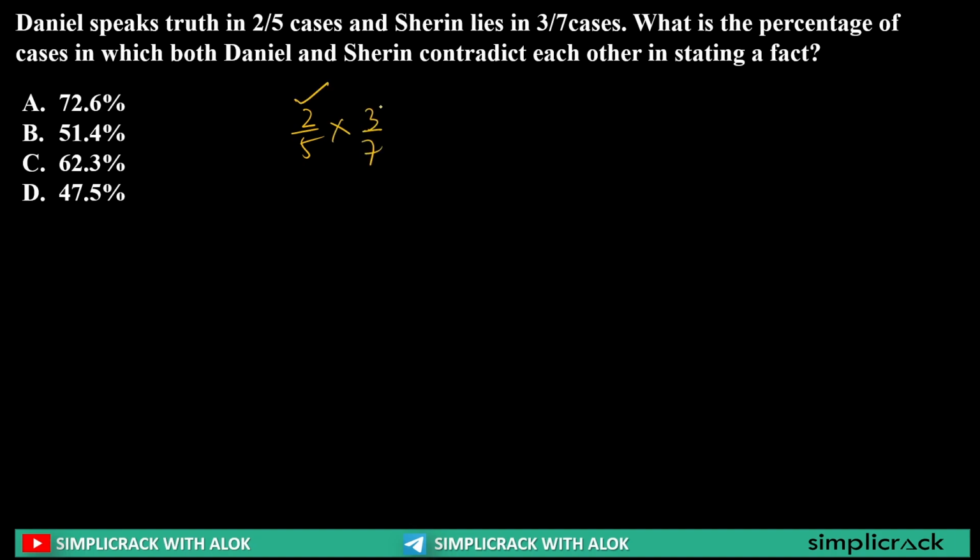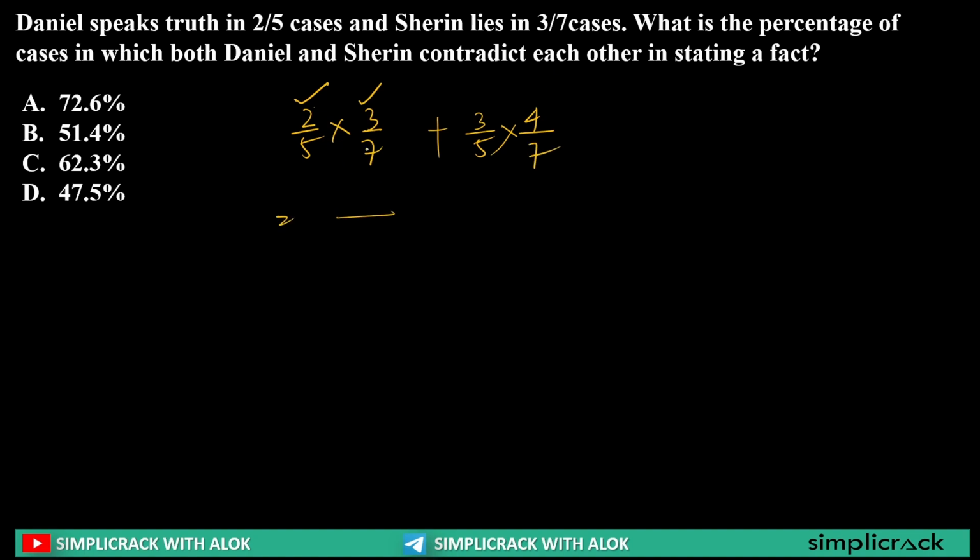So in this case, Daniel is telling the truth, Celine is lying. Now in the second case, Daniel will lie. So if out of 5 he tells the truth twice, he will lie 3 times out of 5. If Celine lies 3 times out of 7, she tells the truth 4 times out of 7.